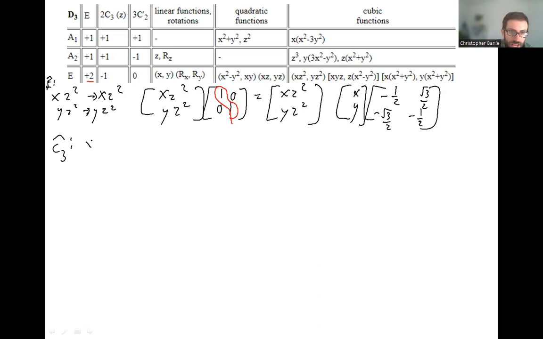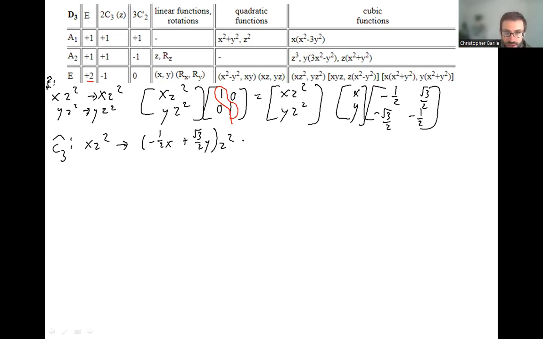So now we have xz squared. I remember from earlier in the video, x is going to -1/2 x plus √3/2 y, and z, remember from earlier in the video, when you did C3 on z, nothing happened. So z just went to itself, and z squared is just z squared.